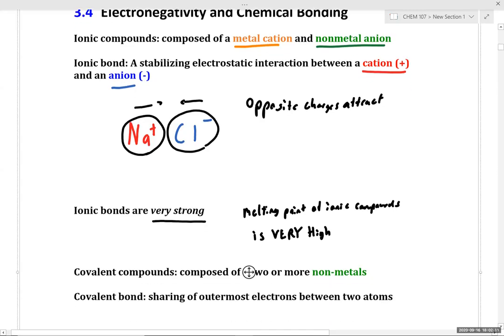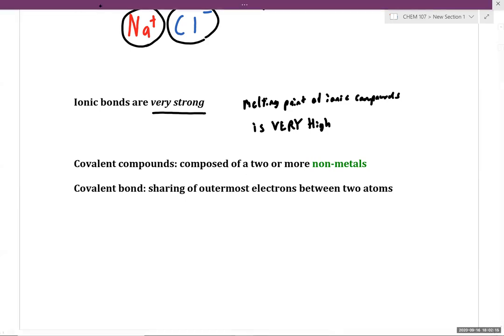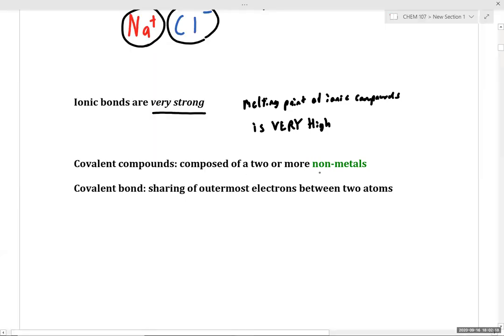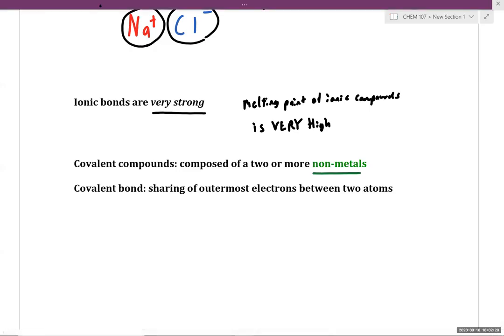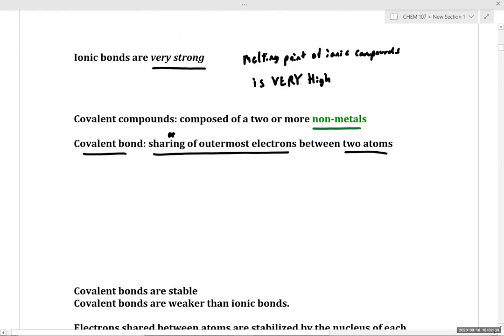If we think about covalent compounds, as we discussed, they are composed of two or more nonmetals. And a covalent bond is the sharing of outermost electrons between two atoms. Keyword, sharing. So for example, let's do water.